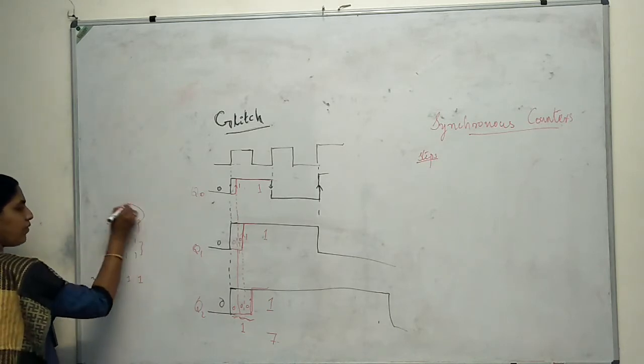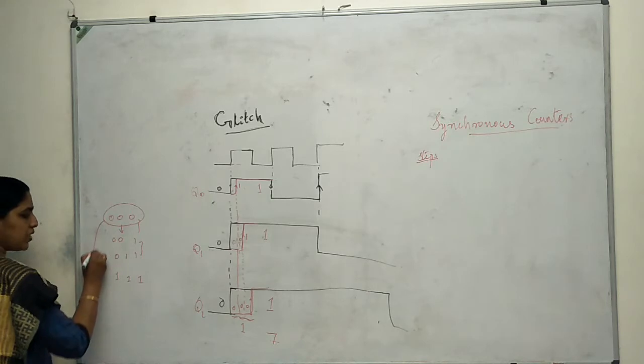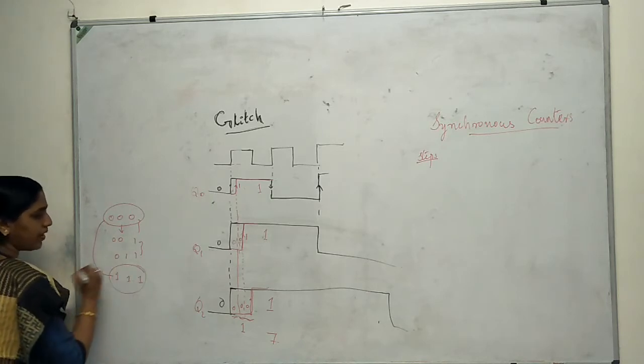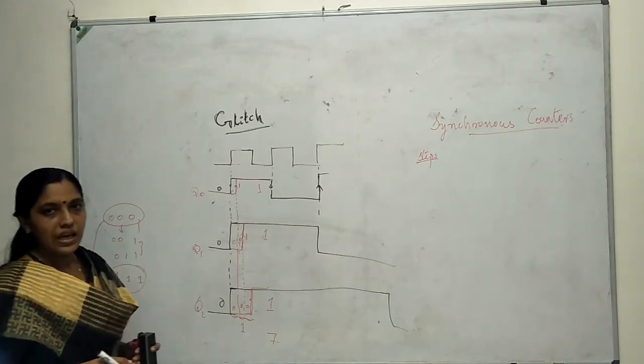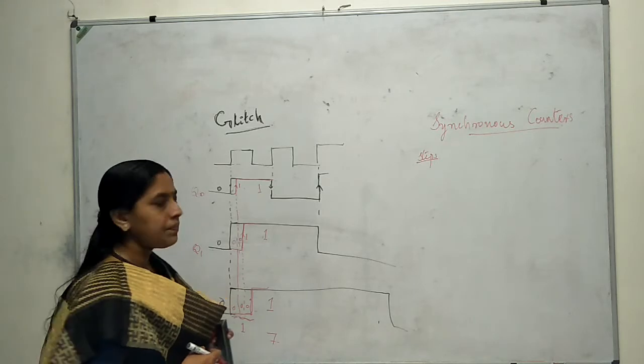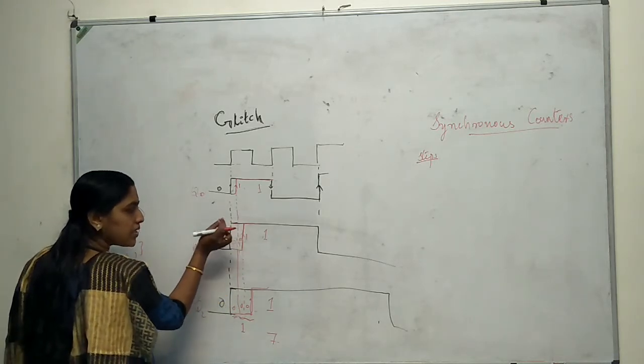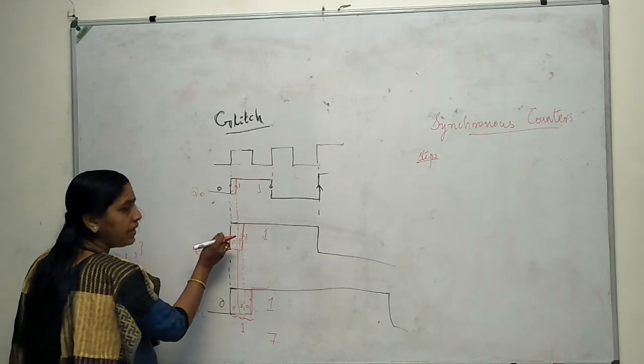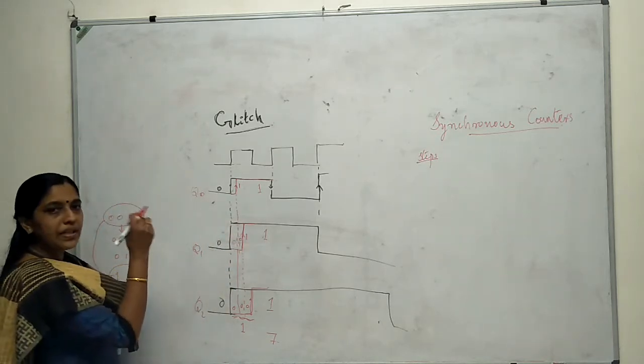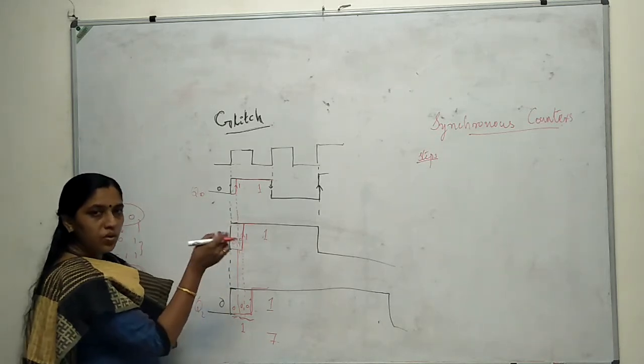What we are expecting is that from 000, suddenly it will go to 111. That is our expectation. But actually, in between, for a very small duration of time, some state changes happen, but that is not visible to us.